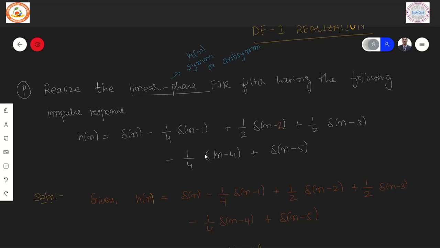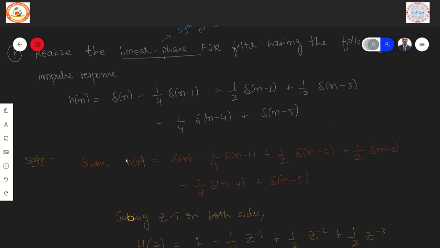In fact, the entire h of n here follows symmetry. It is symmetric, correct? You see the first point is the same as the last point, and the second point is the same as the last but one. So whether you look from the left or the right, we see the same values.